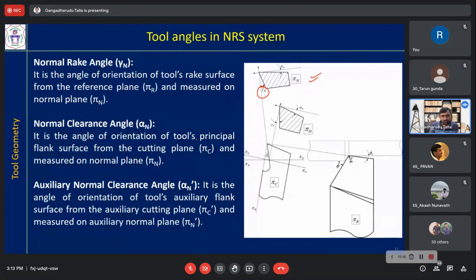Then you can give the definition. The angle of orientation of tool's principal flank surface from the cutting plane pi c, and measured on normal plane pi n. So this is pi c now, this is pi r.